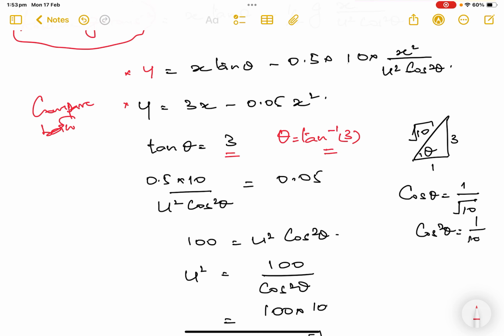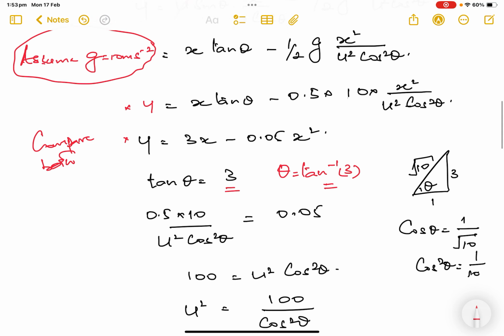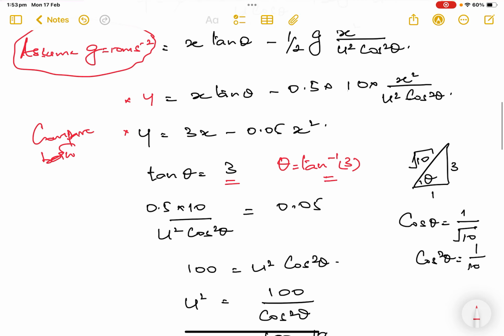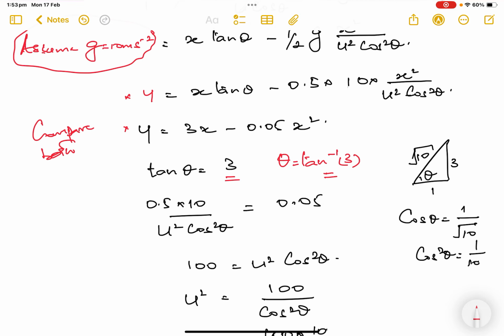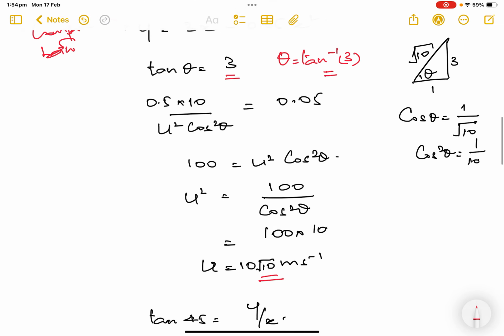And then equate the next part, the coefficient of x squared. The coefficient of x squared in the given equation is 0.05. But in the equation we found, it is 0.5 times 10 over u squared cos squared theta. So if you equate them, 0.5 times 10 over u squared cos squared theta equals 0.05.